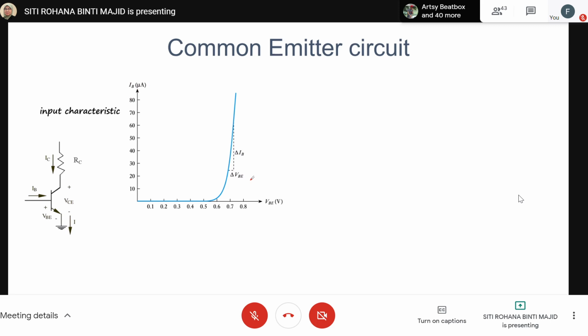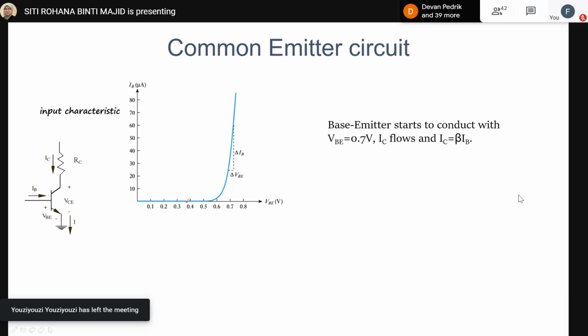The base emitter will start to conduct because VBE on, which I mentioned just now, is 0.7 volts. Once they pass this voltage, the collector starts to receive current, and we can calculate IC equals beta IB.